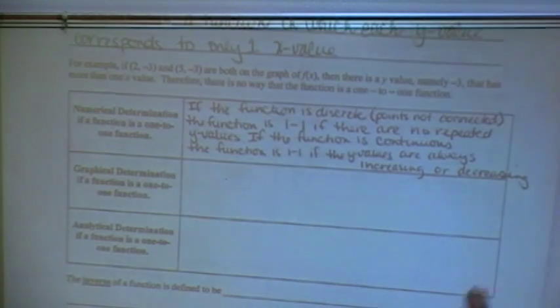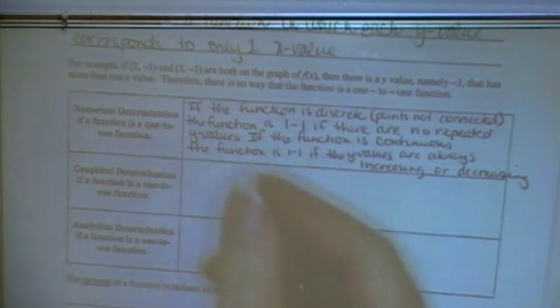Okay, that's how you're going to tell numerically if all they give you is either a table of data or something like that. That's a numerical determination. The graphical determination is easy.